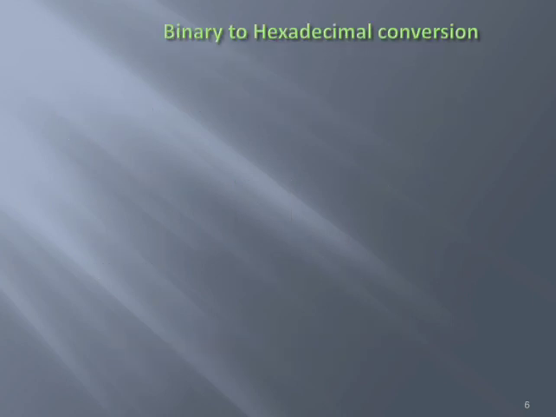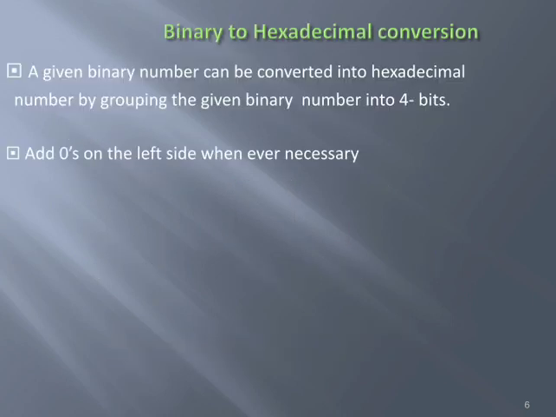Next, coming to binary to hexadecimal, given a binary number, you have to divide the binary number into groups of 4 bits. After dividing the binary number into groups of 4 binary bits, replacing each group of 4 binary bits with its equivalent hexadecimal digit will result in the conversion of a binary number to a hexadecimal number, whether it is the integer part or the fractional part.